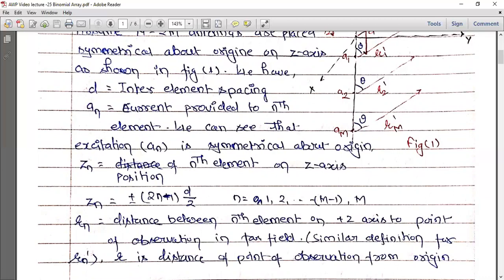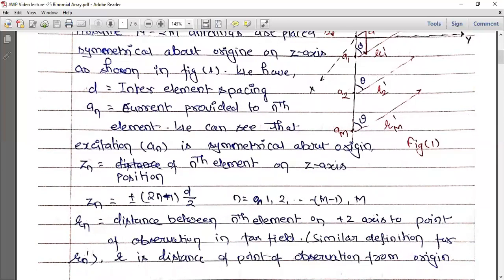Then we know the array factor for an antenna array with identical antenna elements. Here we also consider that all the antenna elements are identical. Keep one thing in mind: when we talk about the array factor, it is always assumed, whether it is said or not, that all the elements are identical. These elements can be excited with different magnitudes of current or with the same magnitude of current.